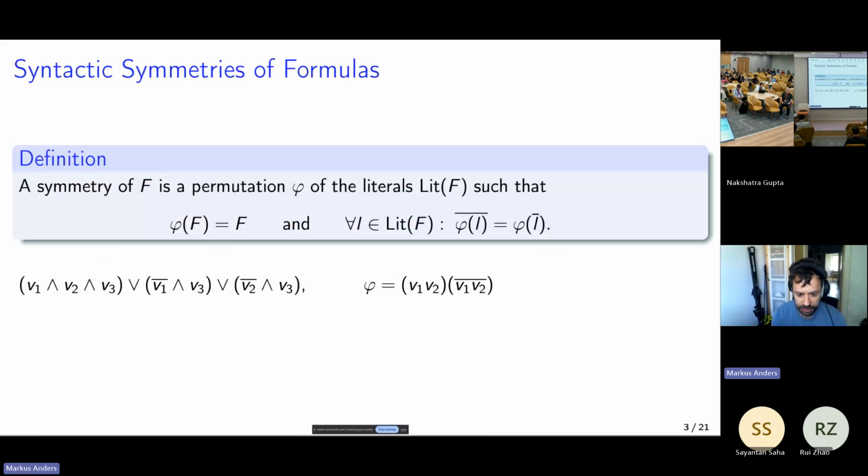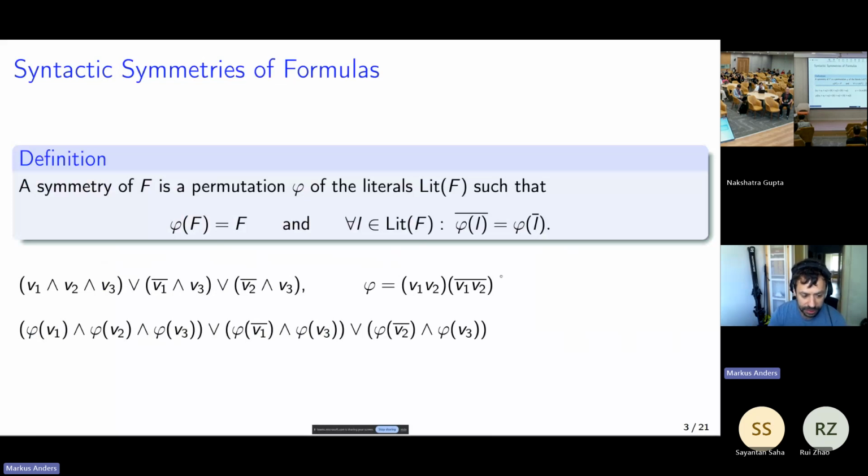Now, I have this example here. This is quite a simple formula, and if you stare at it for a couple of seconds, I think you will spot that there is this very obvious symmetry that exchanges V1 and V2. However, we can also just confirm this by trying to apply the symmetry phi. Now, what does that mean? We try to apply it to the formula. More precisely, this means that we apply it to each of the literals individually.